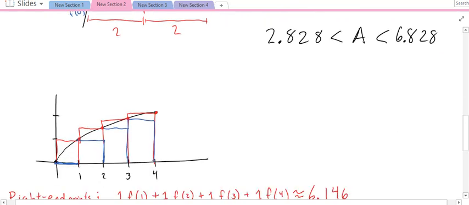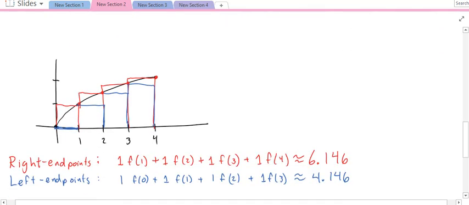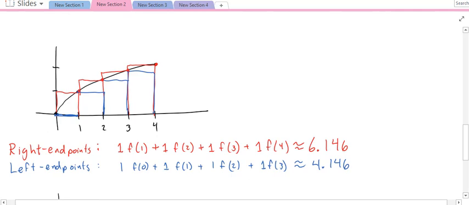Well, I would get a picture that would look like this. Again, the right endpoints are going to be an overestimate because there is this extra area happening in each of these spots here. And the left endpoints will be an underestimate because of this area missing here.